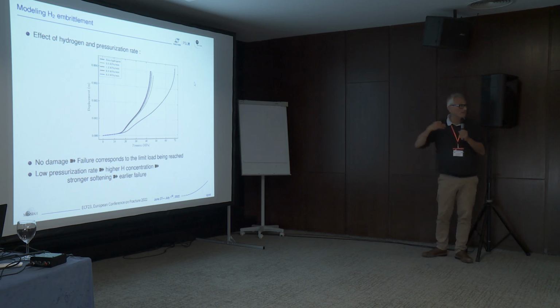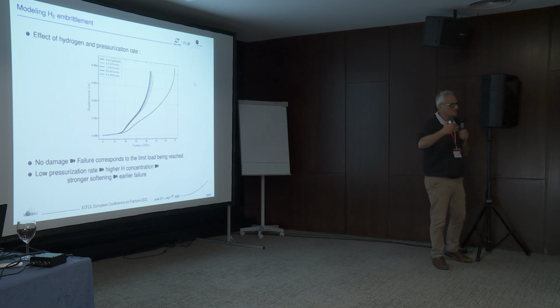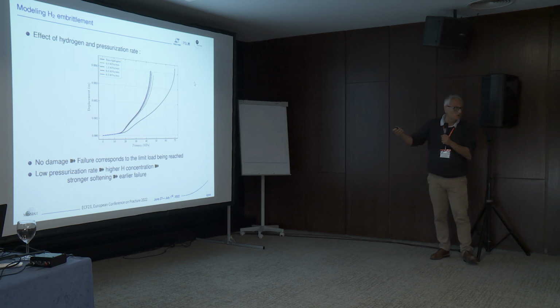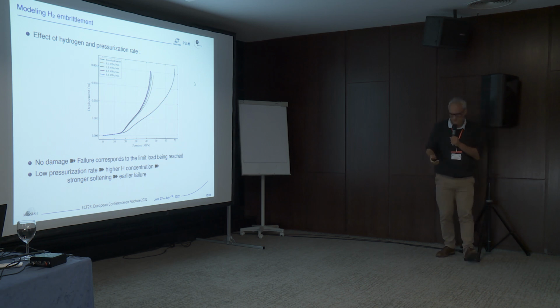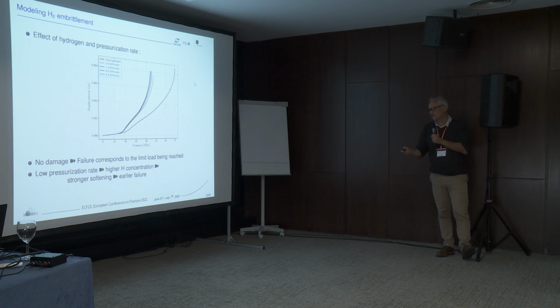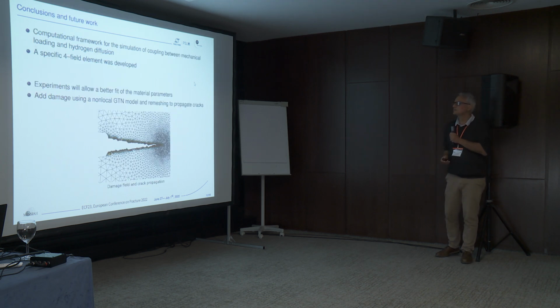So if it's slow, you get more time for the hydrogen to get into the steel, and so you get more softening and it fails a little bit earlier. Obviously, these are just trends, and I don't expect the experiment to look like that. I expect the overall behavior not to be much affected and failure to occur earlier, very close to the black curve. These are, once again, preliminary results.